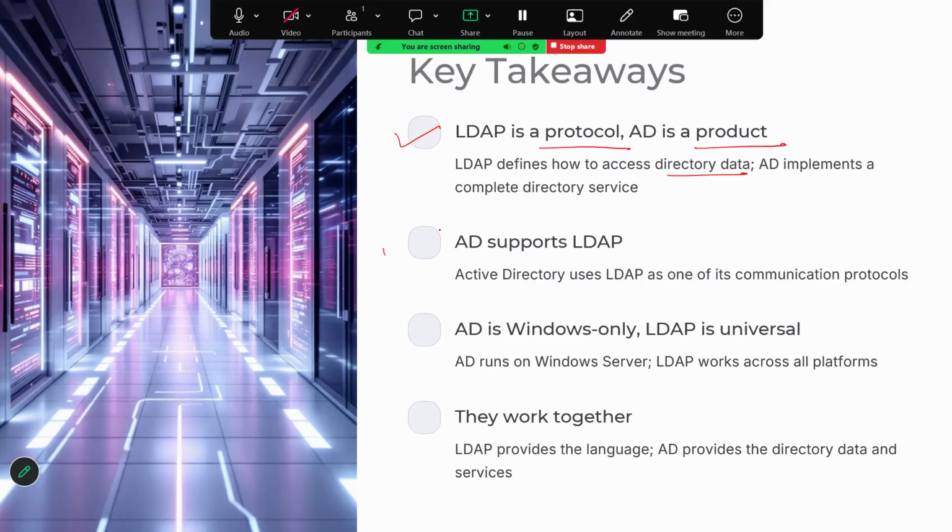Active Directory supports LDAP. It uses LDAP as one of its communication protocols. And Active Directory is Windows only, LDAP is universal. Active Directory runs on Windows Server only, LDAP works across all platforms. They work together, so LDAP provides the language, whereas Active Directory provides the directory data and the services. And that is it.